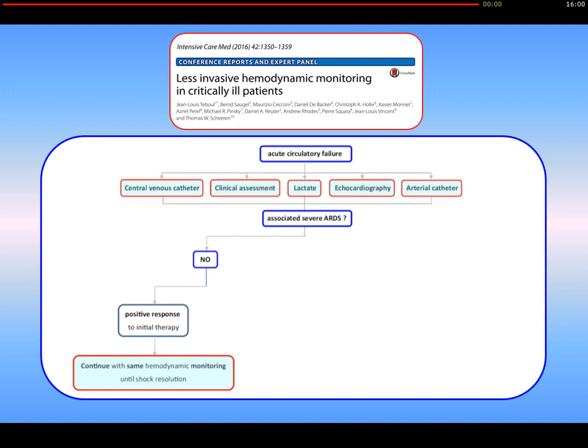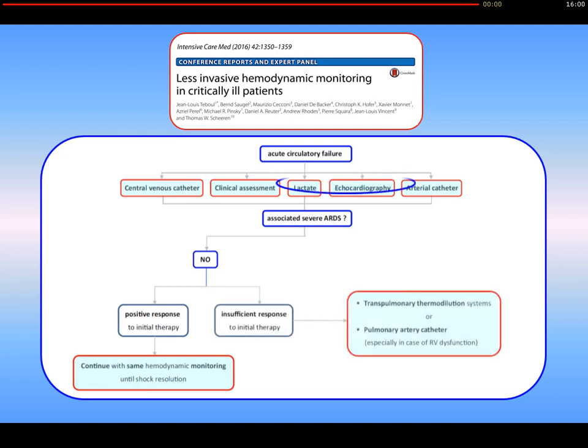In our opinion, it is a shock that does not respond to the initial therapy, which was based on clinical assessment, echocardiography, and arterial catheter and central venous catheter variables. Or we can use it in case of severe ARDS at the beginning. If you have shock plus ARDS, this is a good indication for transpulmonary thermodilution system use.